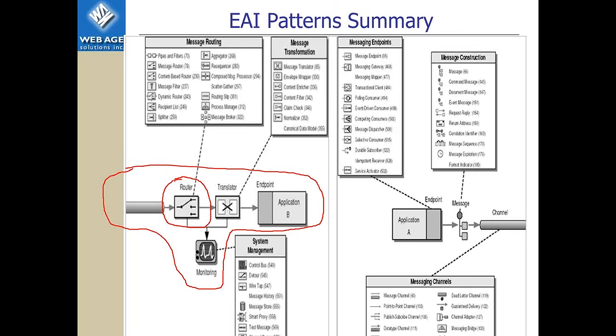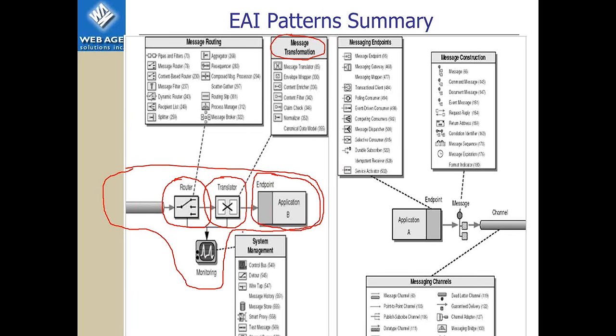It's just a pattern which you can put together with the translator, which might translate messages, transform them from one format to another, and translator comes from another catalog, the message transformation bucket. And then after a message has been translated, it would be sent to the target application.